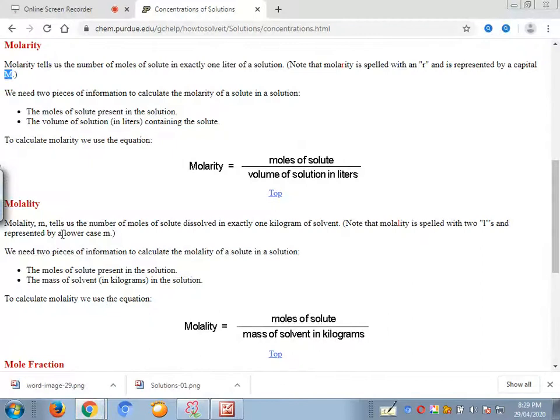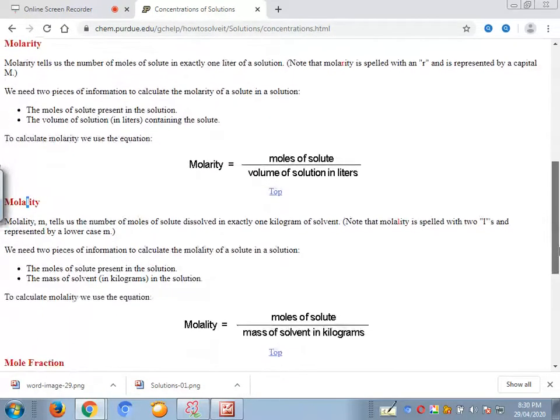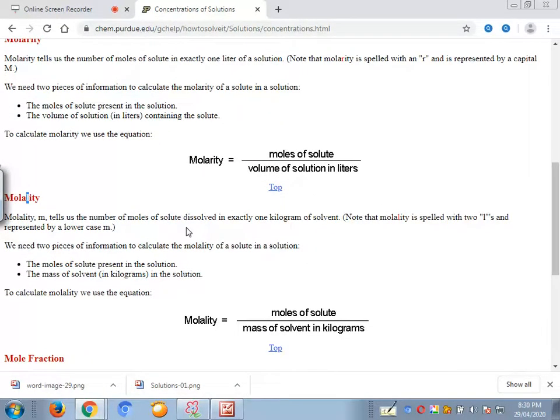For molality, it is slightly different from that of molarity. See the differences. Molarity is spelled with an R, but here it is molality, LITY. So you should be careful with respect to this. Molality tells about the moles of solute dissolved in 1 kg of solvent. This is an important one students. You should see the difference between molarity and molality.